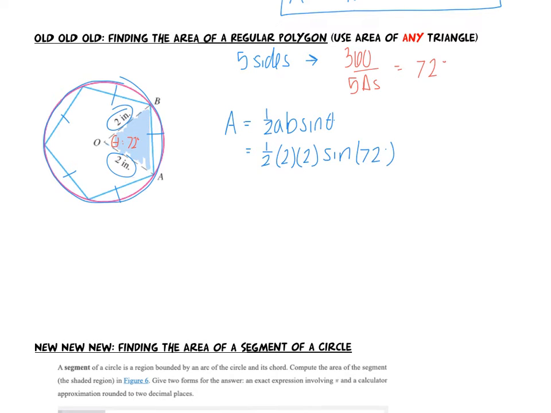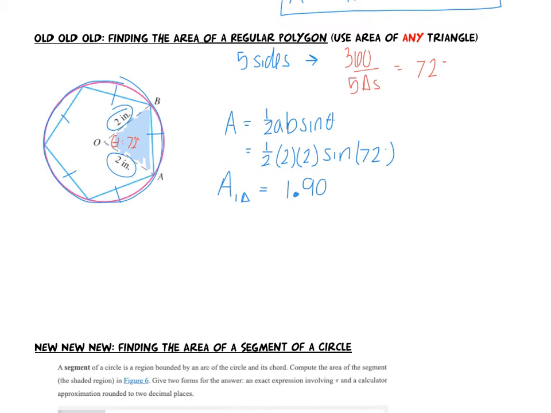Now, sine of 72 is not going to be perfect, so it's okay that this answer is going to be a decimal. So the area, and I'm going to make this clear, of my one shaded triangle is about 1.90. Okay, so that is just that one shaded triangle. Well, I want the area of the entire thing.